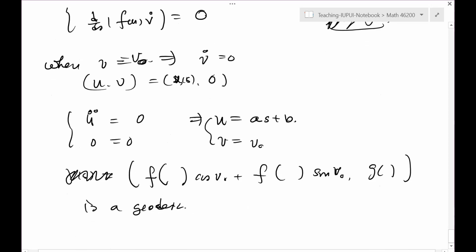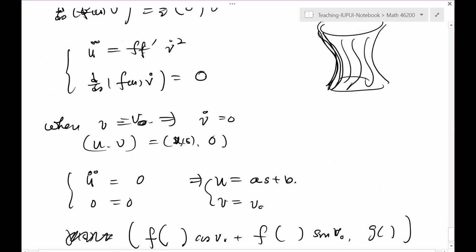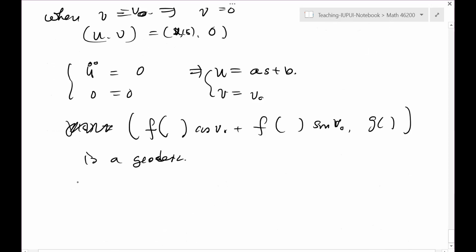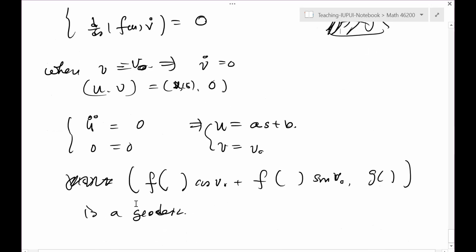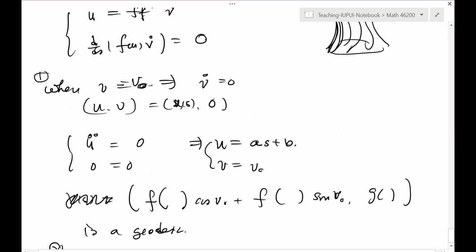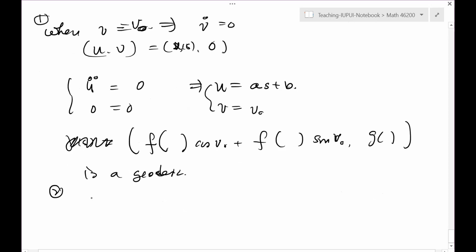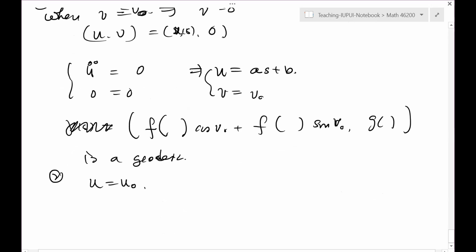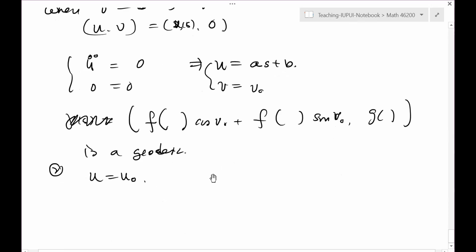Now we also look at the second case. I just want to look at the circle, so u equals a constant. Then look at the above two equations.